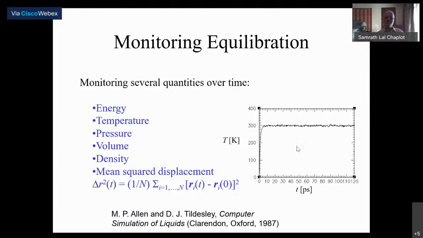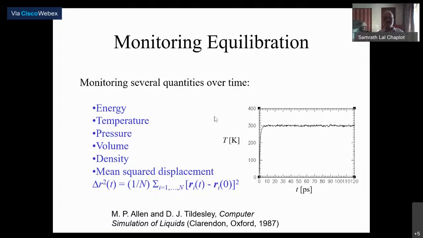In a non-equilibrium situation, you know what will happen, so you will accordingly take note of it. So we monitor various quantities like total energy, temperature, pressure, volume. Volume, because it's possible to do a simulation in which you don't have to assume a fixed simulation size or shape.